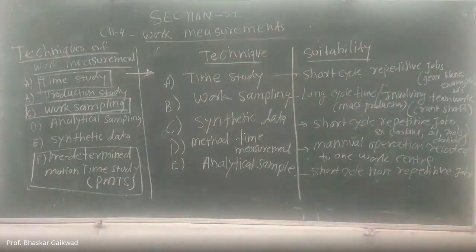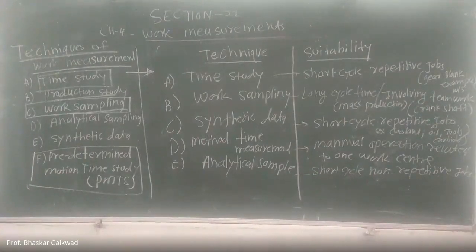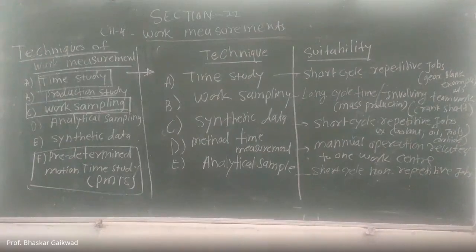Here some research, development, innovative idea will come. This analytical method is based upon certain mathematical relations, and based upon this we can use the work measurement technique. ISRO, DRDO, here we are using the analytical sampling for work measurements. Short cycle is there but non-repetitive. So these are the techniques and their use or suitability under work measurement.